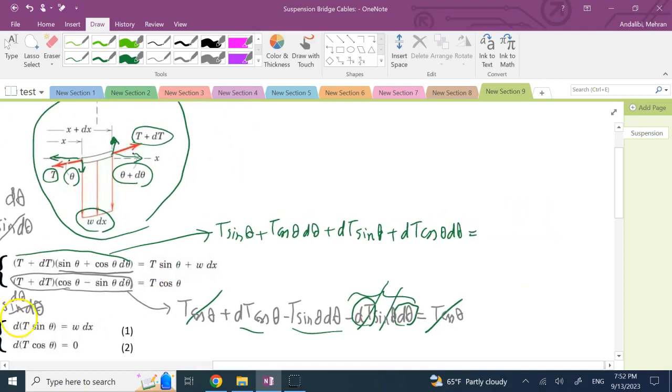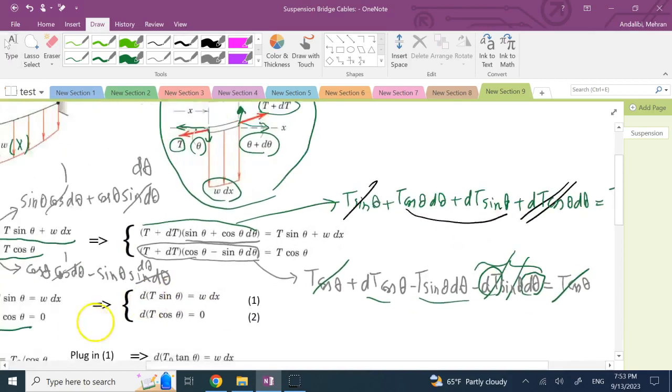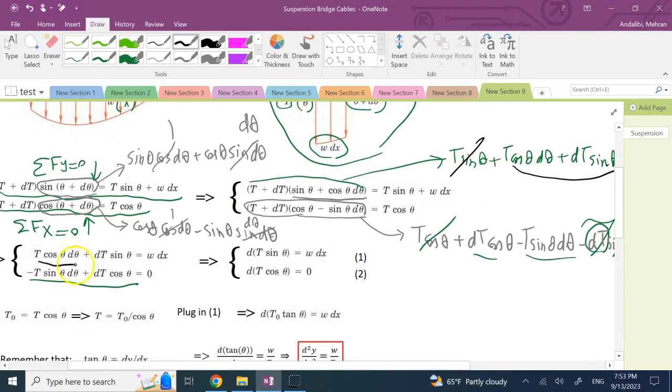This is equal to t sine theta plus w dx. Sorry. So again here, this t sine would cancel. This term again has two small terms compared to these two guys, so this one we also neglect. Therefore, you get this one equals w dx, and that is what you can see over here.